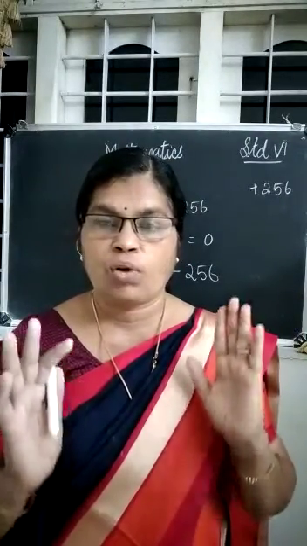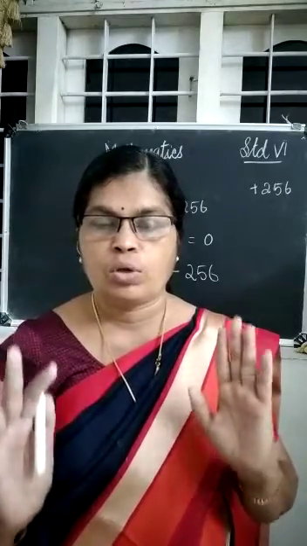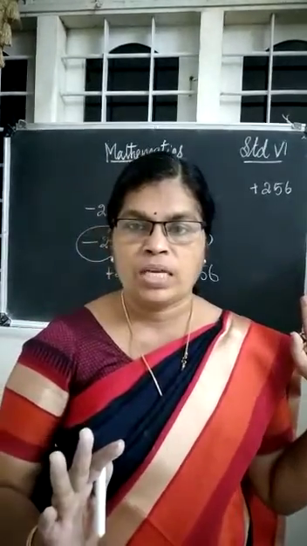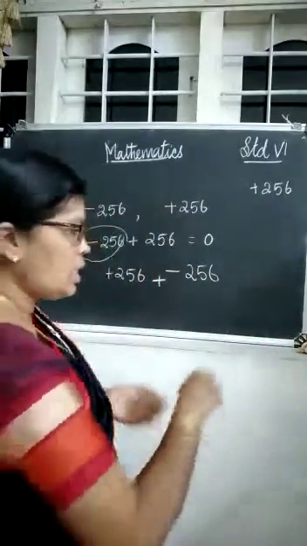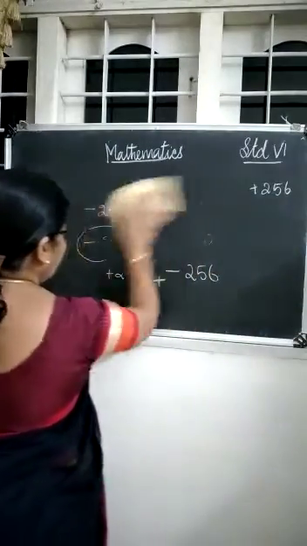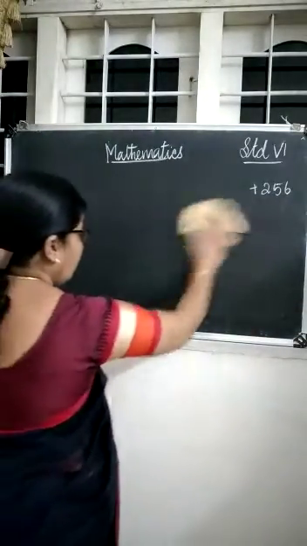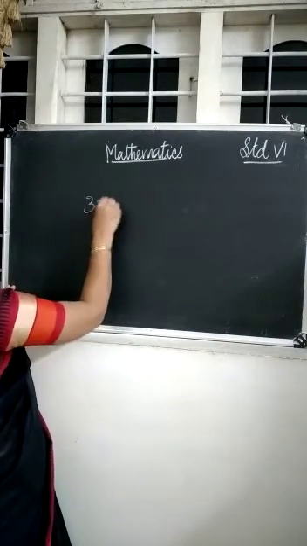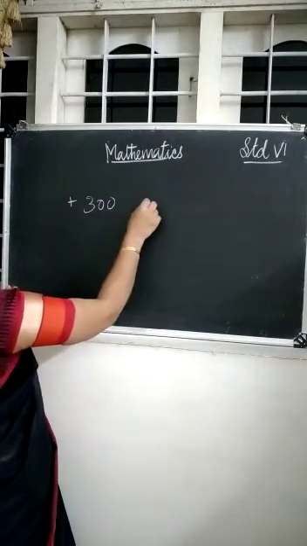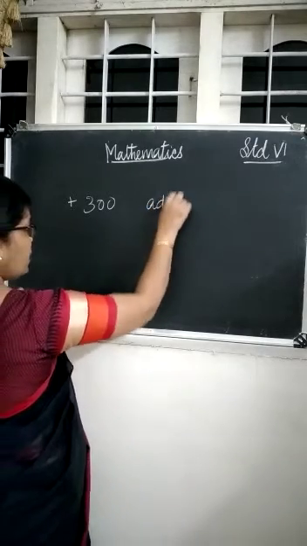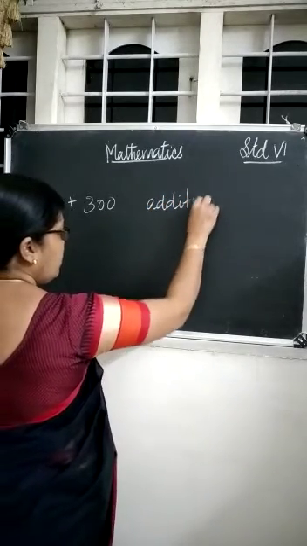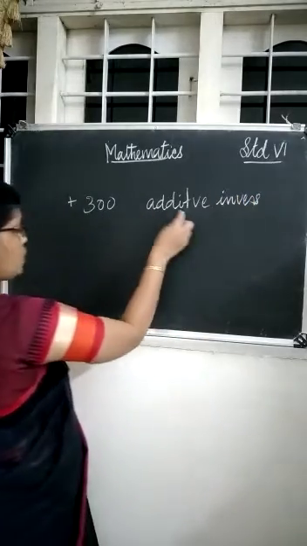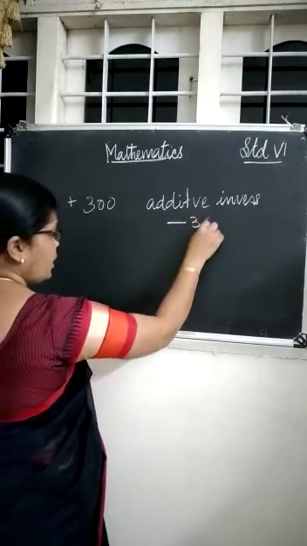What is the additive inverse of a number? Did you understand the meaning of additive inverse? Yes, again I will tell you. The additive inverse of positive 300 is negative 300.